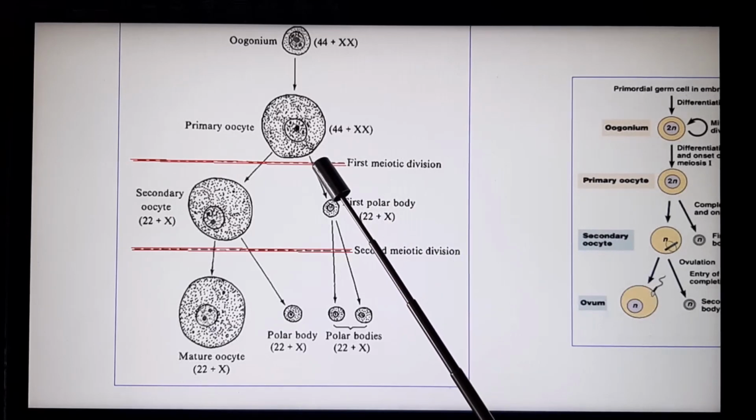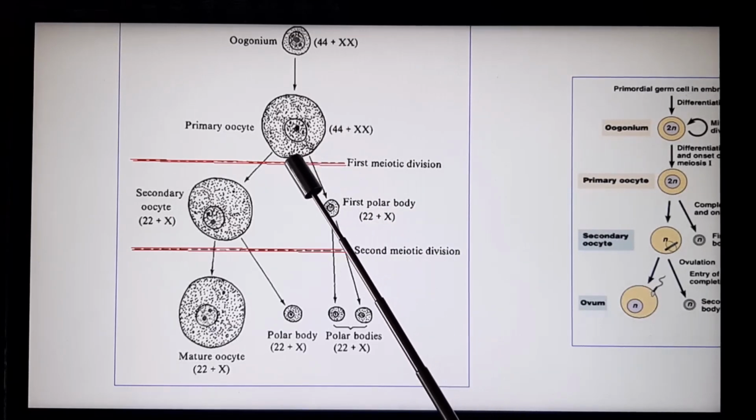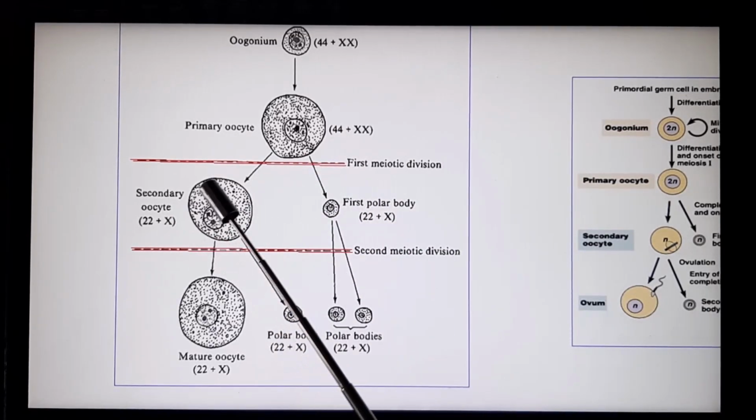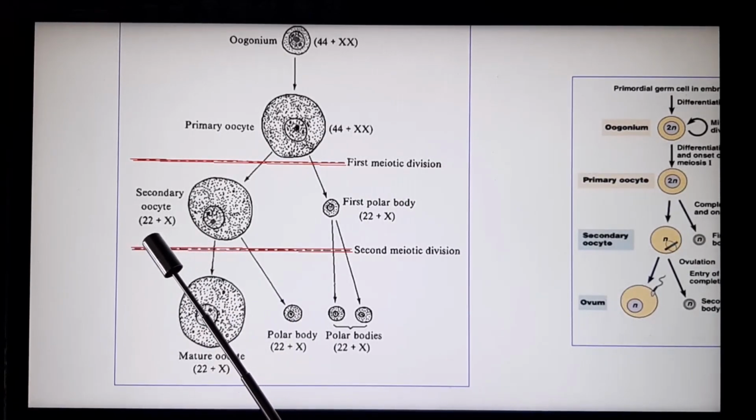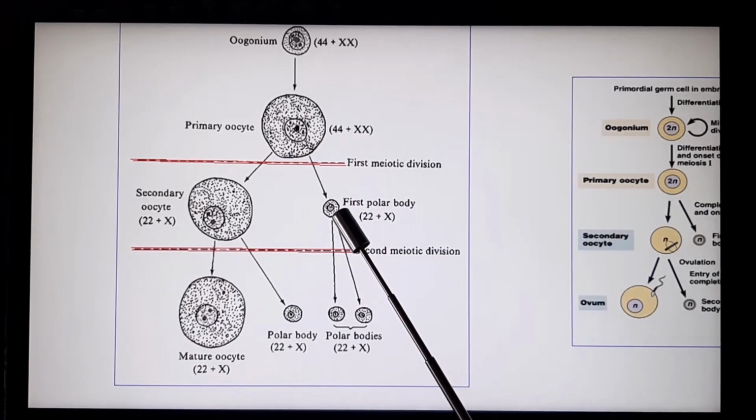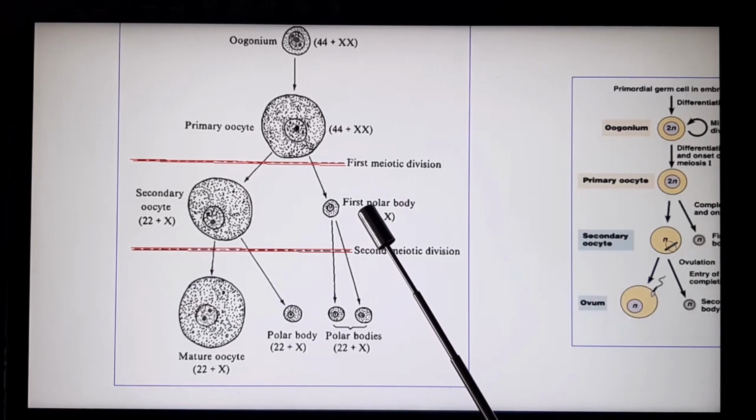The first meiotic division is taking place. It's an unequal division. We know that a large secondary oocyte, 22 plus X, that means 23, and a tiny first polar body, also with 23 chromosome number, are formed.